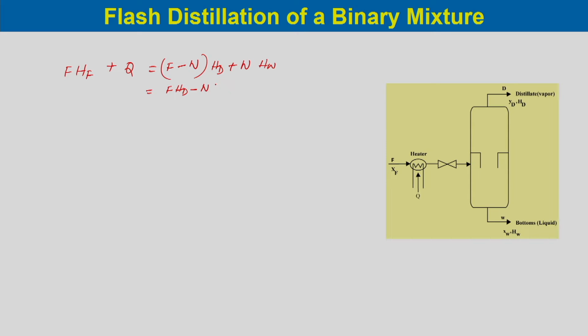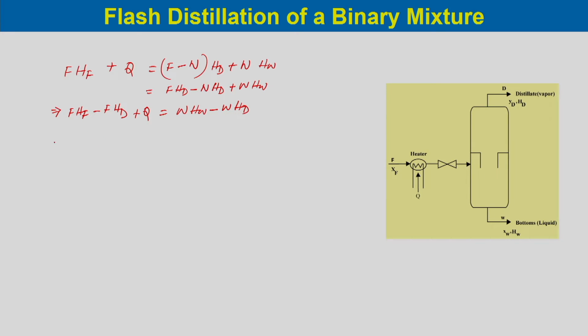So, from here we can write F HD minus W HD plus W HW. Rearranging, F HF minus F HD plus Q would be equal to W HW minus W HD.